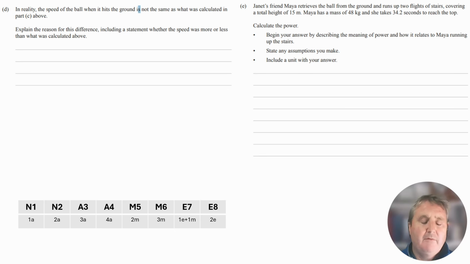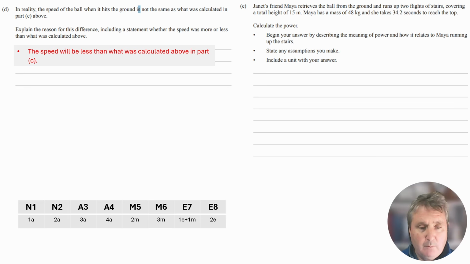So some of the energy is not transforming into kinetic energy, but into heat energy. So the first statement we could write down here is the speed will be less than calculated above.